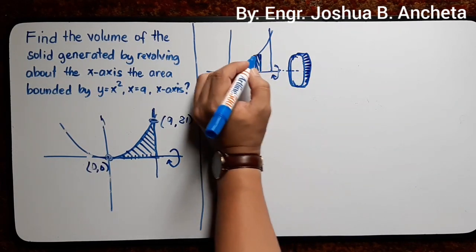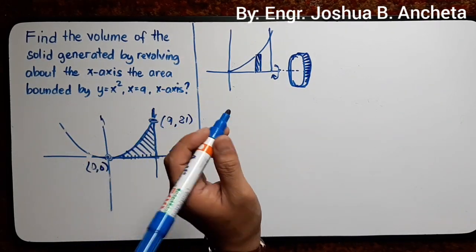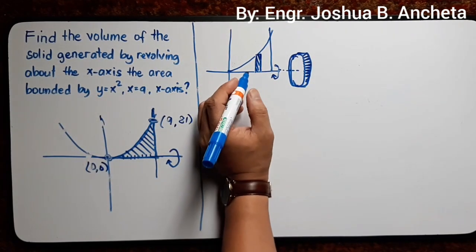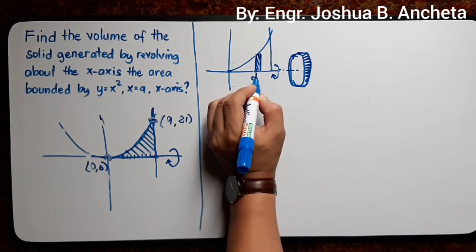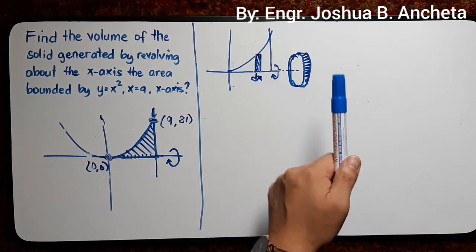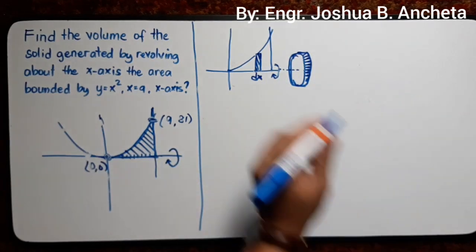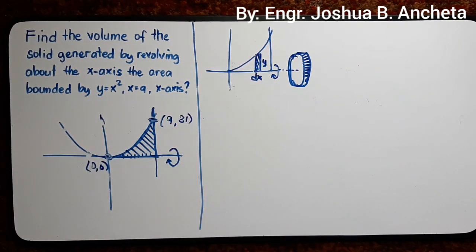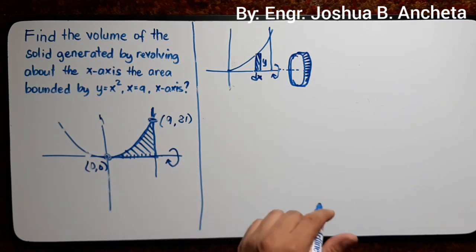This is the strip. Let us represent the sides of the strip. This shorter side is dx. This is always true for a vertical strip. The longer side of the strip is y. This is the proper representation of the sides of the strip.